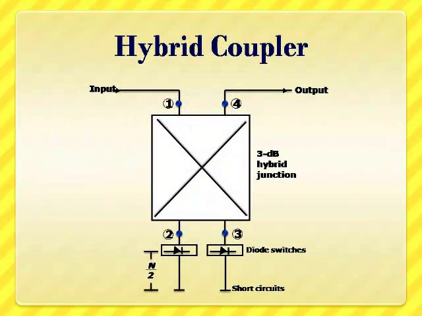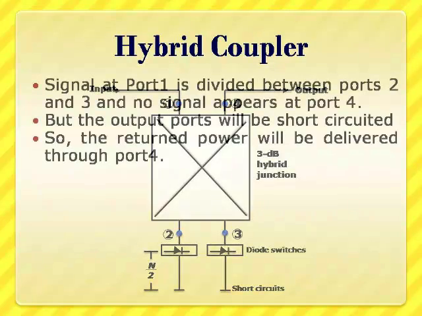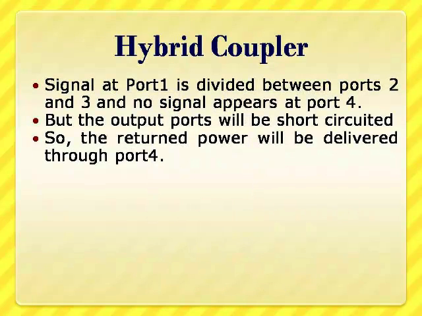Another type of phase shifter is shown in this diagram, which is known as hybrid coupler. Let us see its operation. Signal at port 1 is divided between ports 2 and 3, and no signal appears at port 4 in the normal case. But the output ports are short circuited in this context.